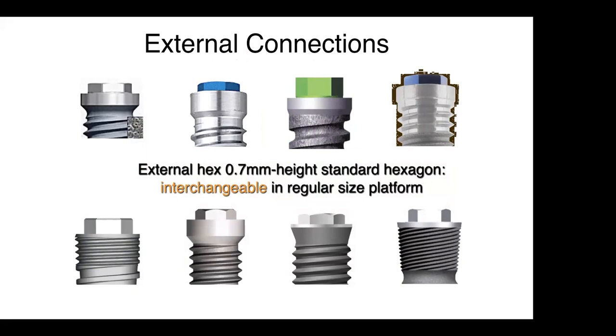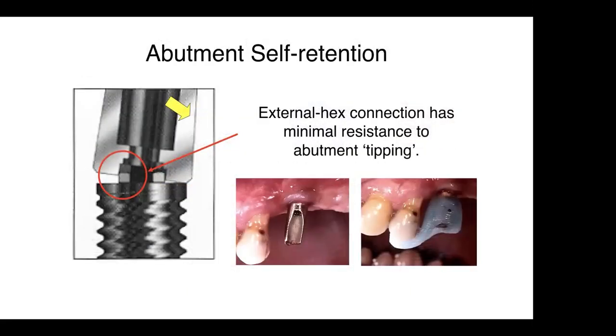The third one from the left on top, the green hexagon, which is BioHorizon, has a height of 1.0 instead of 0.7. So it's 0.3 millimeter higher than other external connections. But other than that, most of the external connections are pretty much the same. They're compatible to each other.